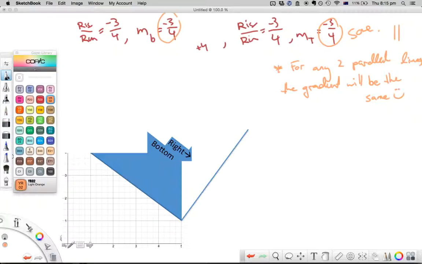If we were to take this triangle, -3 and 4, and we were to rotate it to here, maybe something like this.